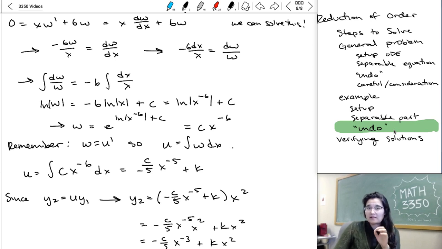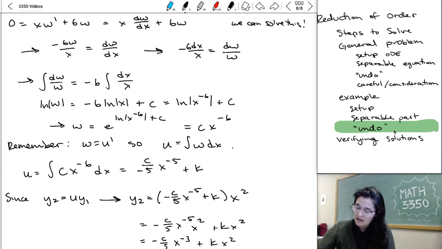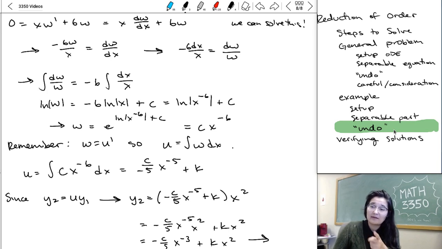The thing is that when you find y1, y2, you want them to be linearly independent, and an immediate way to break linear independence is to have a term that looks just like the one you started with. So if you wanted to write the fundamental solution set, or to say only what y2 is, at this point you would pick out the function that's new to you.